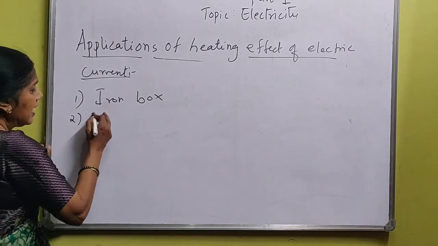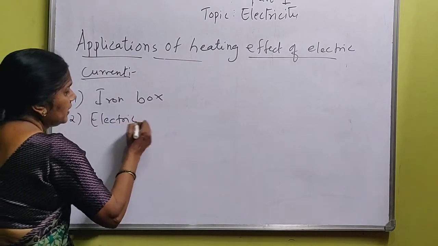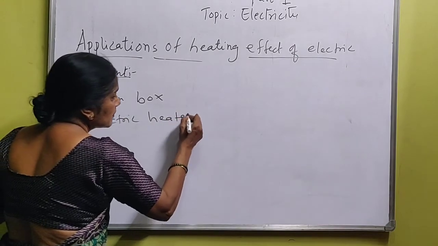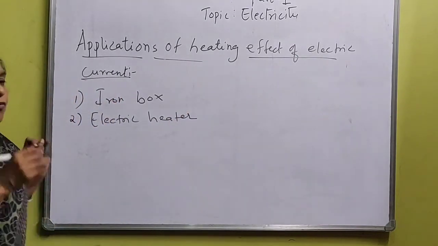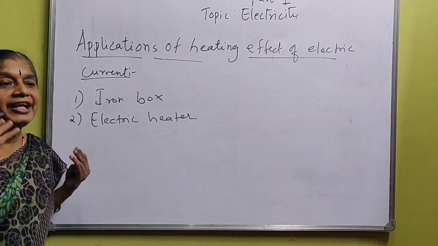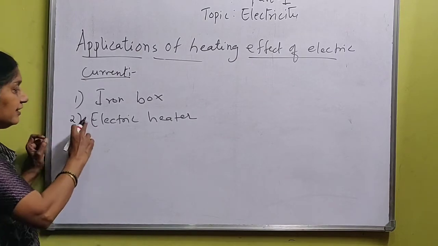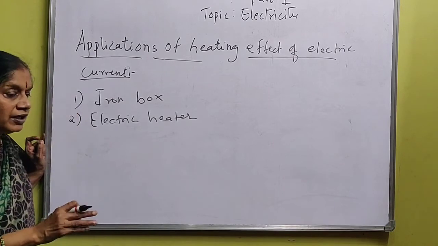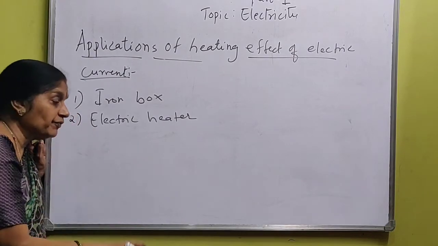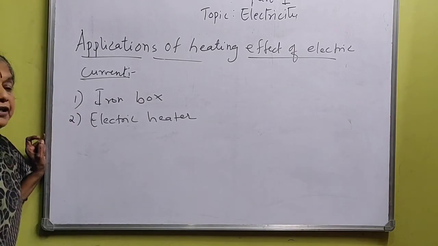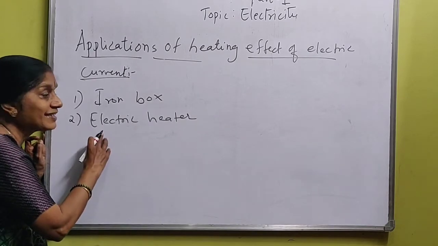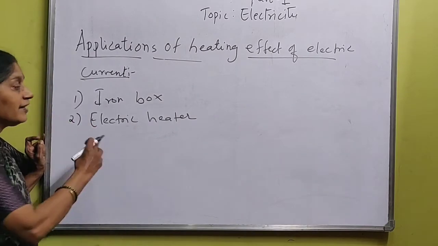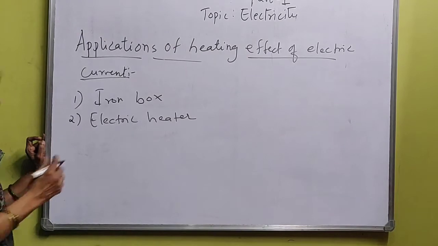Second one is the electric heater, where the water can be made hot. The current passes through the water and some part of the electrical energy is converted into heat energy, which makes the water get hot. That is your electric heater.